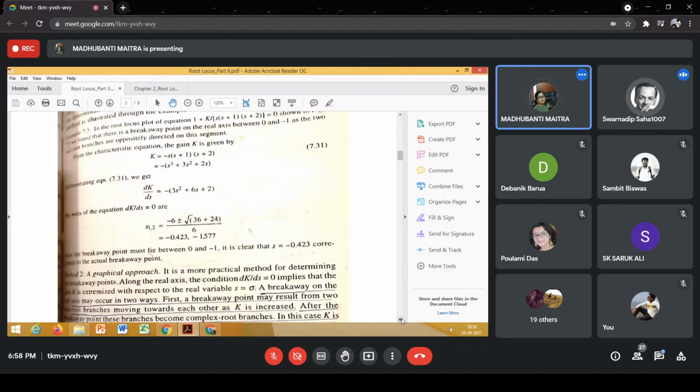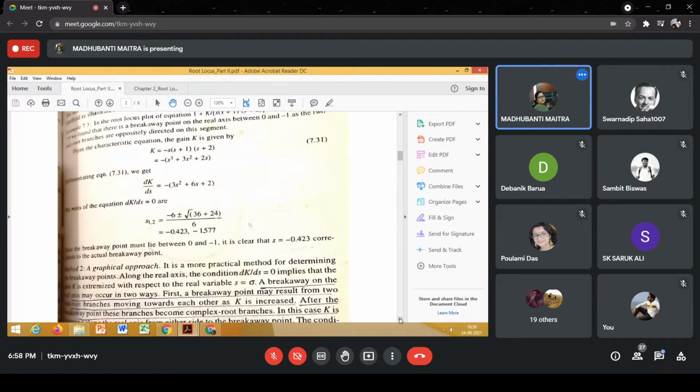Now, if you find that the solutions of this equation are a complex conjugate pair, then just like a real root, you won't be able to apply the angle criterion in a straightforward manner. So what we'll have to do is take any complex root, construct all the phasors, and apply the angle criterion.